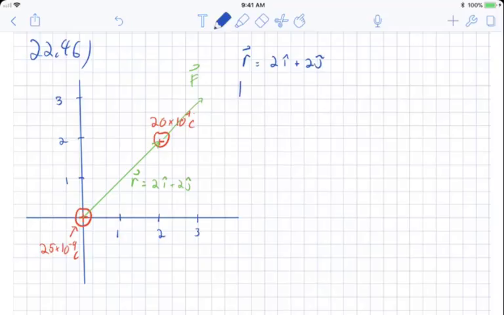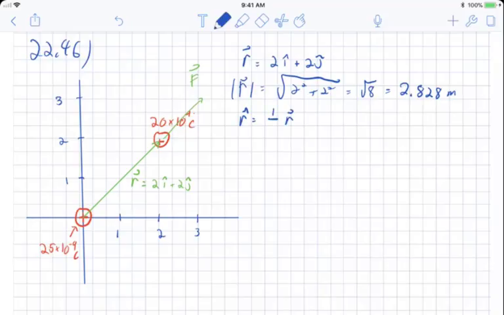Then we find the length of that vector. Square root of 2 squared plus 2 squared is equal to the square root of 8, which is 2.828 meters.